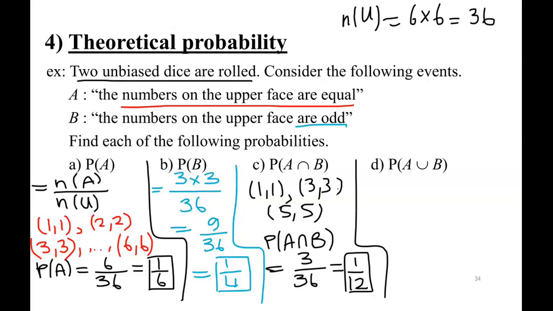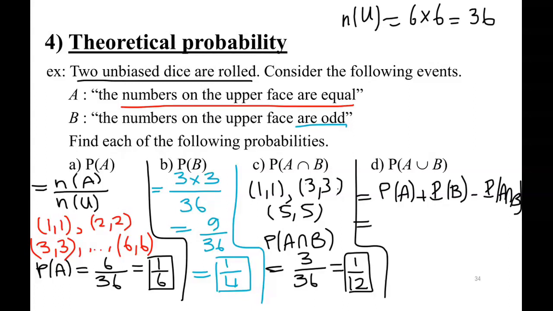Now, as for the probability of the union, we have this property that states that the probability of A union B is equal to the probability of A plus the probability of B minus the probability of A inter B. So we already have the 3 probabilities calculated.